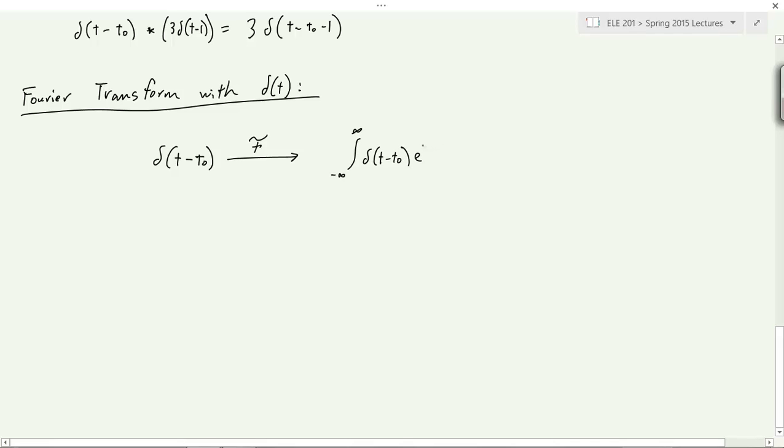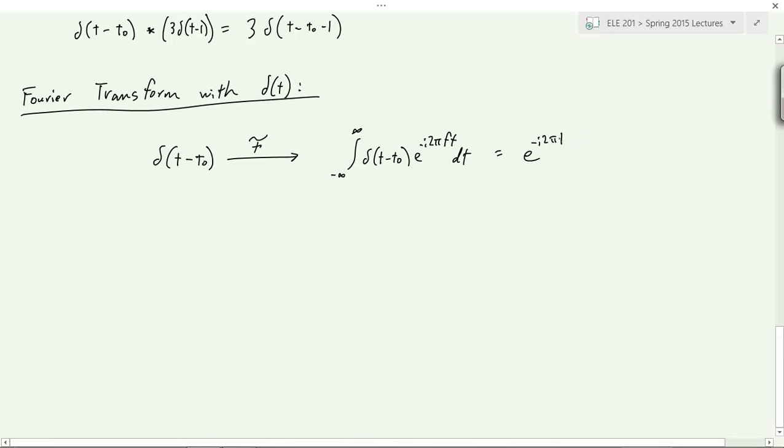So here's the definition. And then we use sifting, right? So this delta function occurs at time t naught. So I'm just going to get e to the minus i 2 pi f t naught. Okay, now this is a function of f, right? The Fourier transform is a function of f. T naught's just some number. So maybe it's more intuitive to put the f at the end.